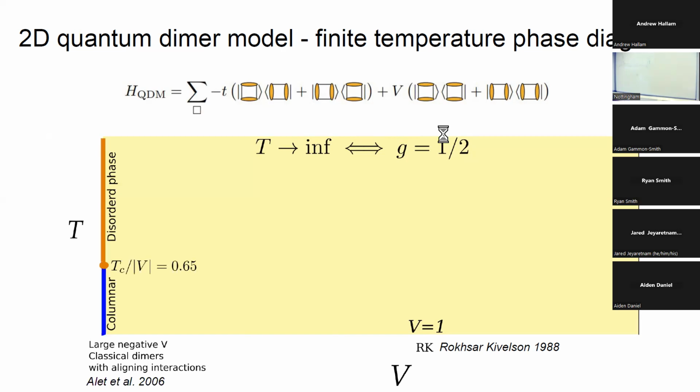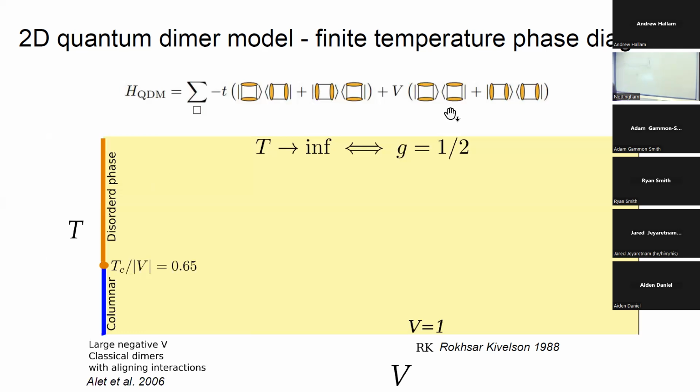At the extreme negative value, minus infinity, for V, we know that the kinetic energy term is inconsequential, and if you tune temperature, there will be a critical value of temperature below which the negative value of V will favor parallel dimer configurations.